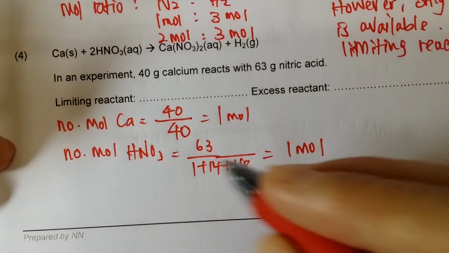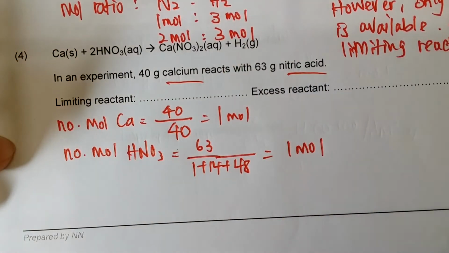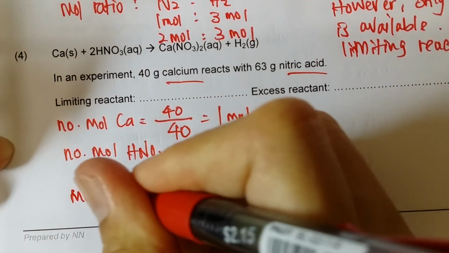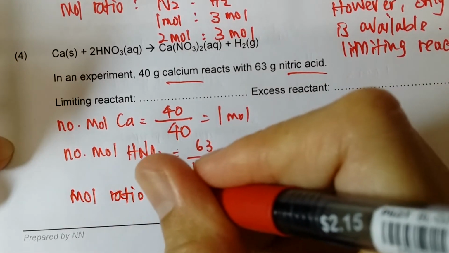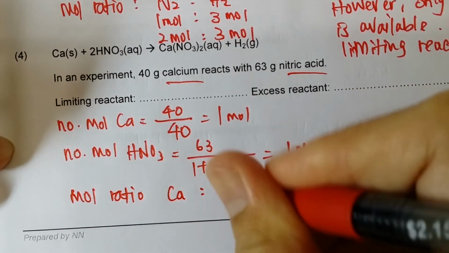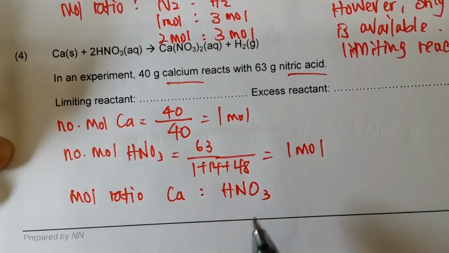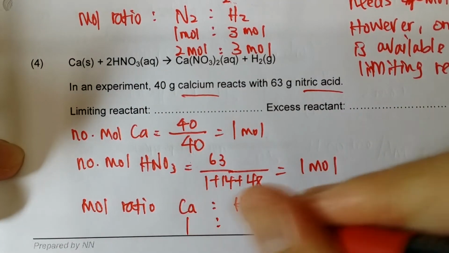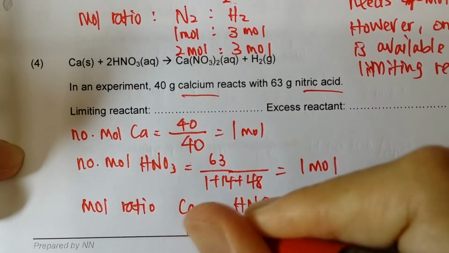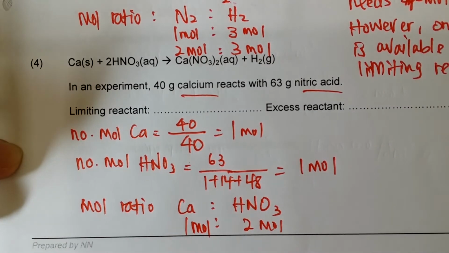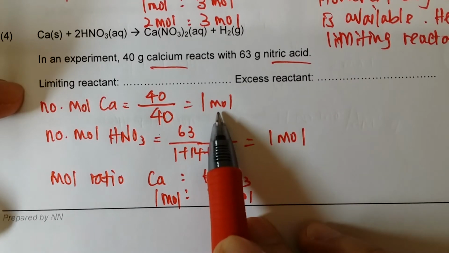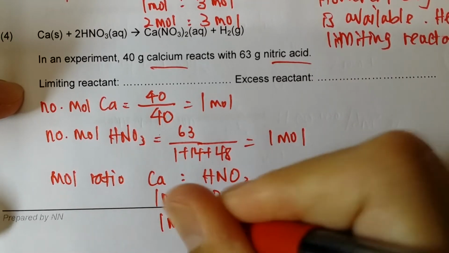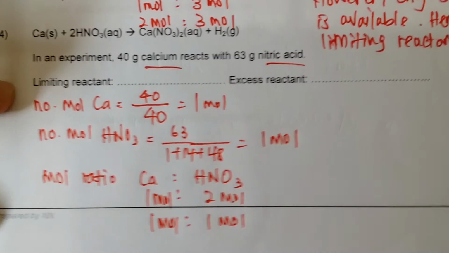Same thing, you have to look at the mole ratio for calcium and nitric acid. The mole ratio, according to the chemical equation, is 1:2, 1 mole is to 2 mole, and now you have 1 mole is to 1 mole.